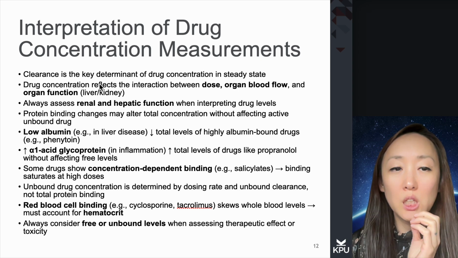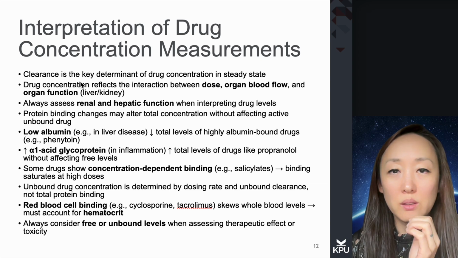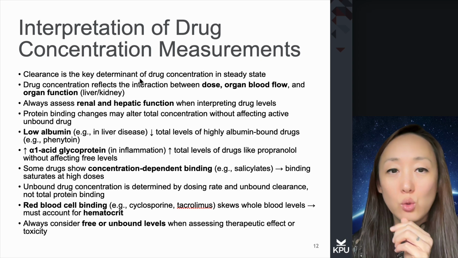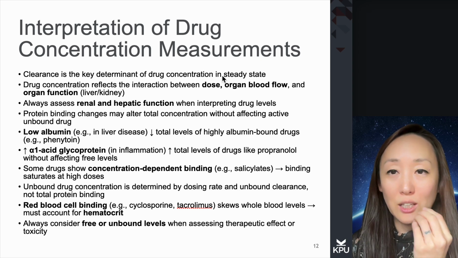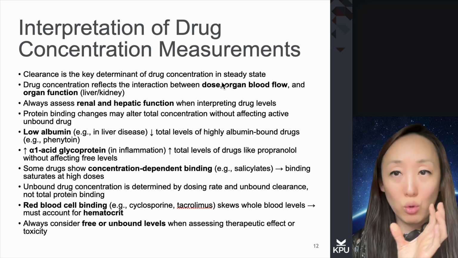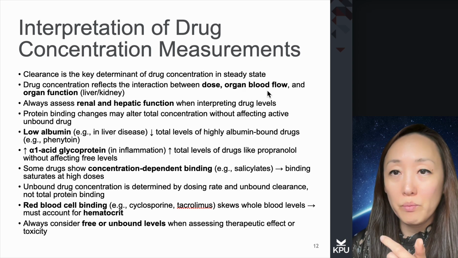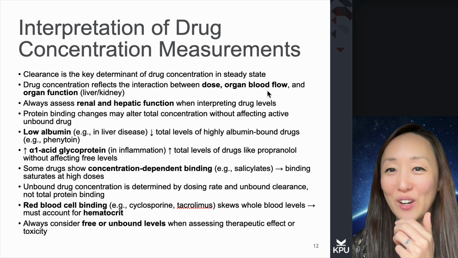So, clearance and its influencers. Drug concentration is going to be an interaction that's shaped by the dose, the organ's blood flow, because if there's no blood flow, you're not getting in there, right?